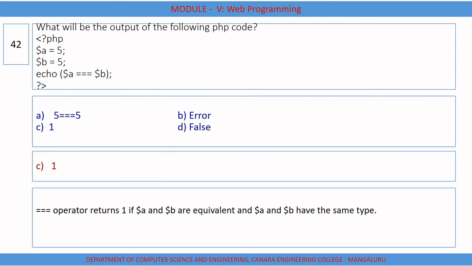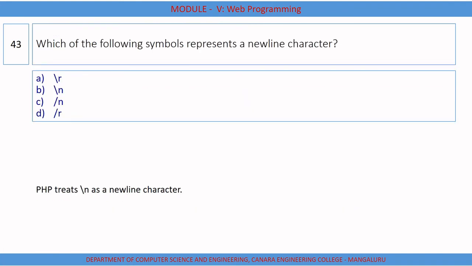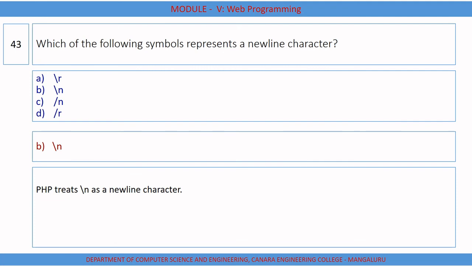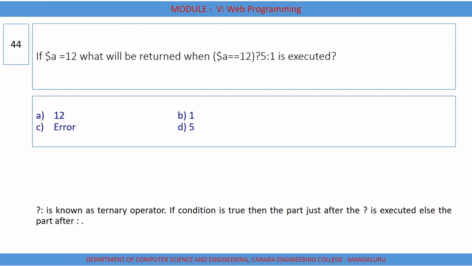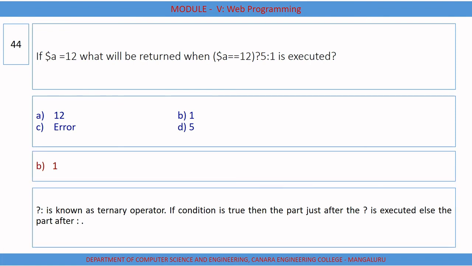So answer is 1. Which of the following symbols represents a new line character? \n, new line character. $a equal to 12. What will be returned when $a equal to 12? Question mark 5 colon 1 is executed. Here question mark is working as a ternary operator. So answer is 1.